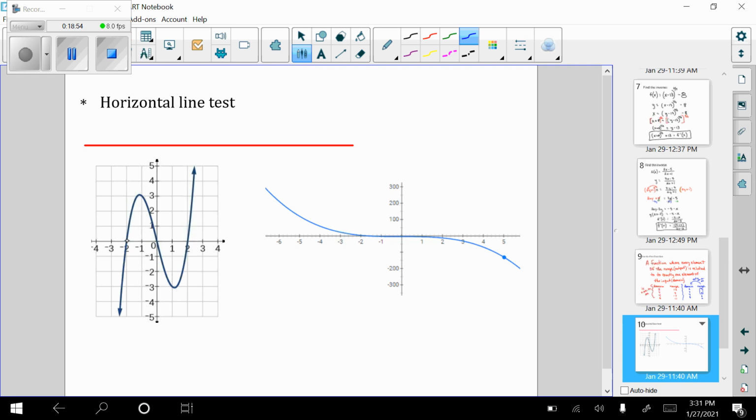This first one here, this polynomial that's graphed, that's a function because it passes the vertical line test. But when I place a horizontal line at numerous places on this graph, it fails the horizontal line test.